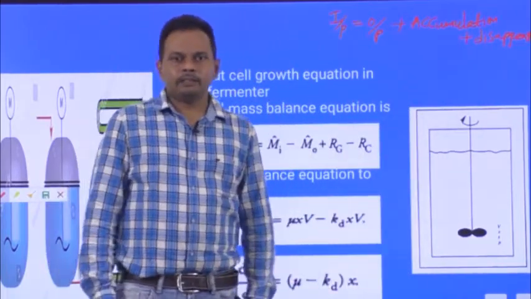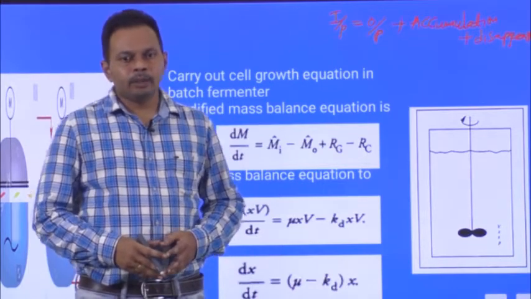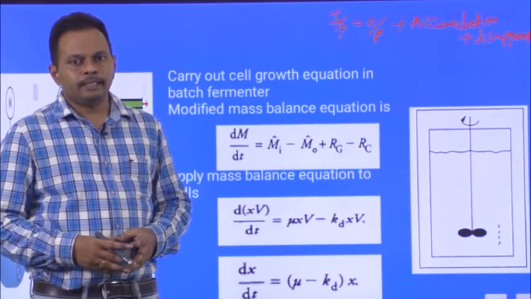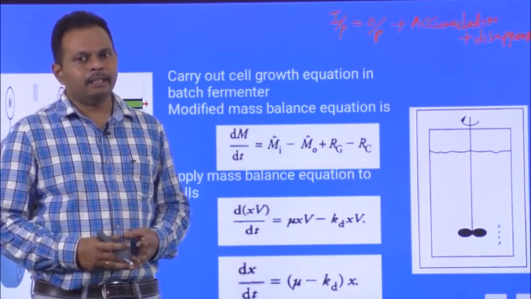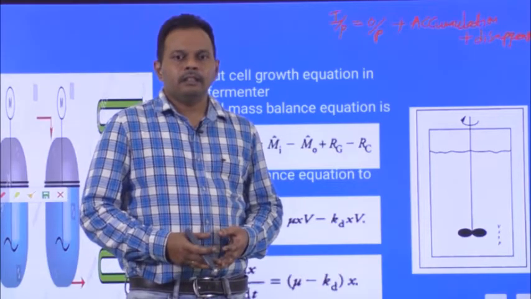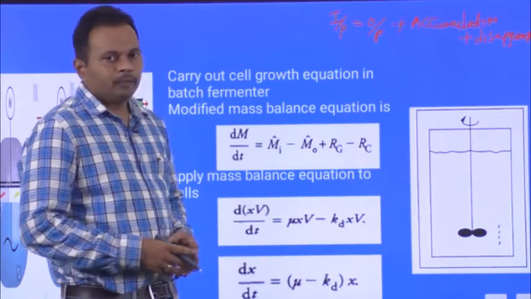Earlier this equation was applied in unit 2 only for reactant. And here, if you want to apply this equation for the product, we need to modify it. Why? Because during the reaction, either chemical reaction or biological reaction, product generation takes place. So if you want to apply this equation to the product, we need to add the generation term.